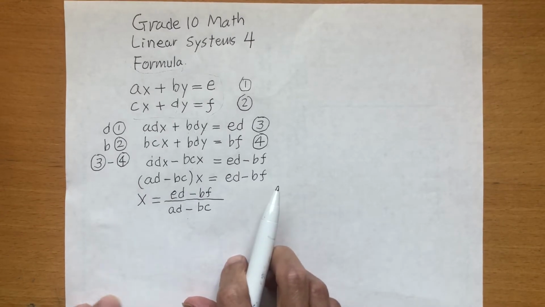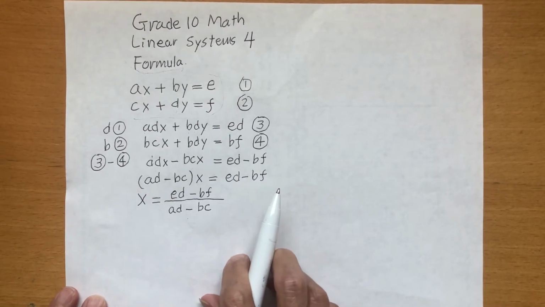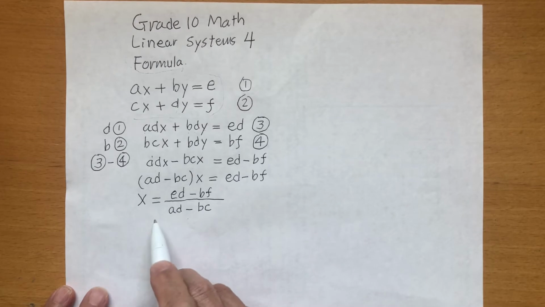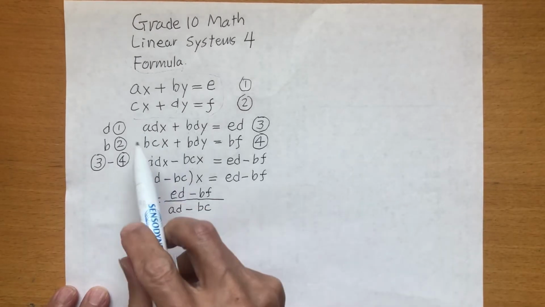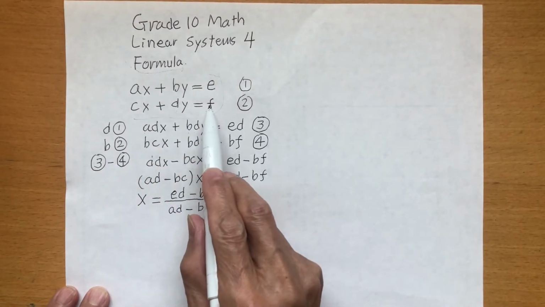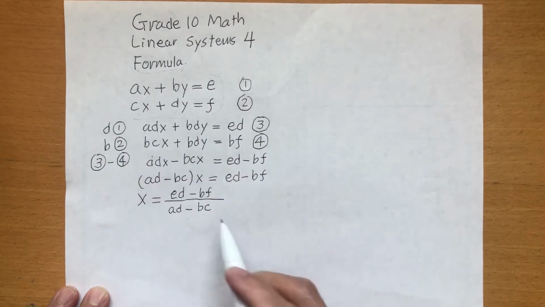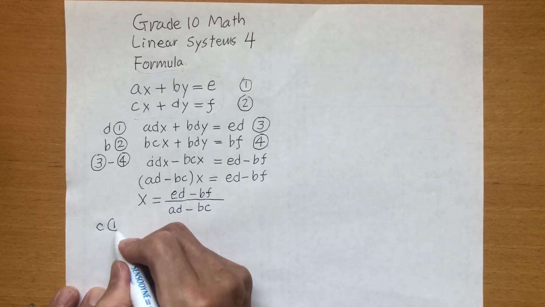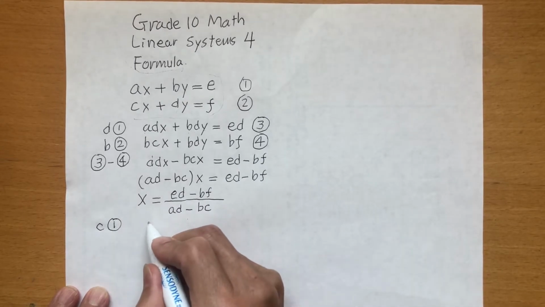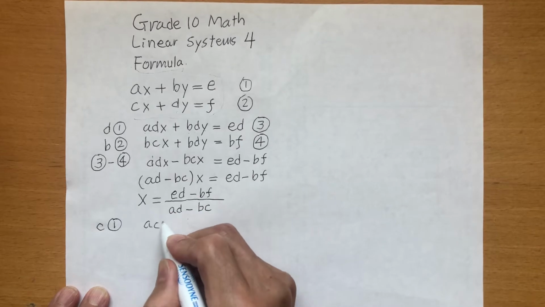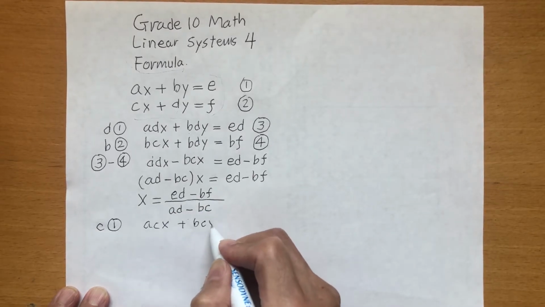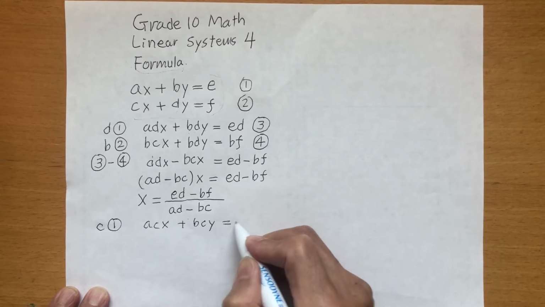Okay, how do I get the answer for Y? How do I get a formula for Y? I multiply the first equation by C. So C times the first equation, so I have ACX plus BCY equals EC.